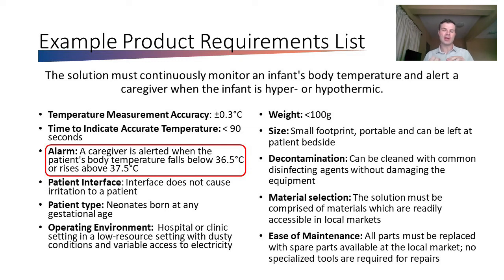Perhaps the solution will be an SMS text message, perhaps it will be a blinking light on the device, or even a loud buzzer which sounds. Unless specifically requested by our client, these product requirements do not define what the solution is, but only state what the solution must achieve.